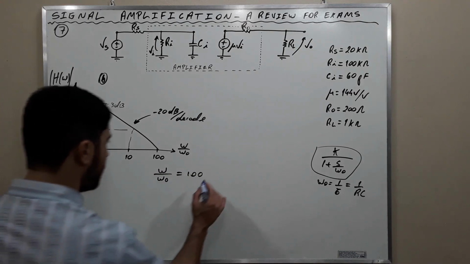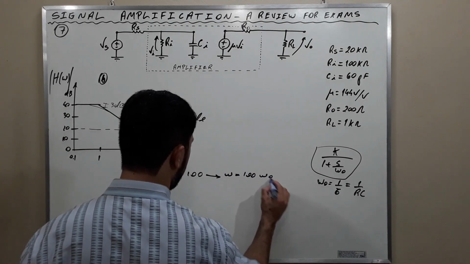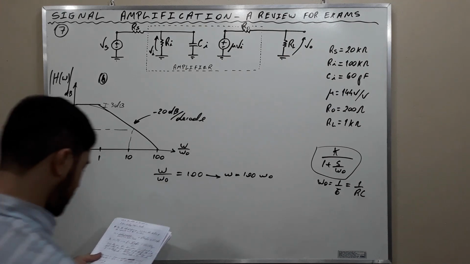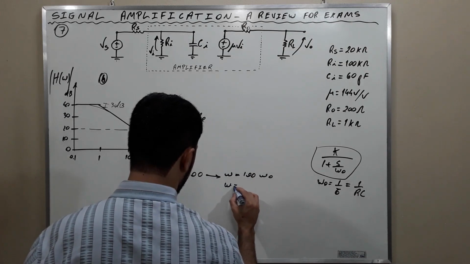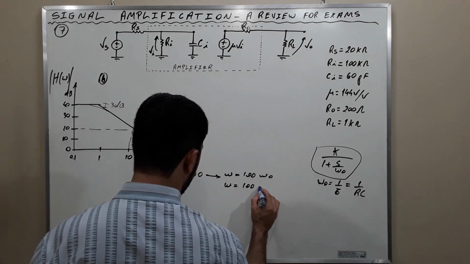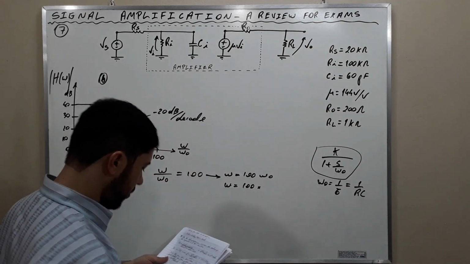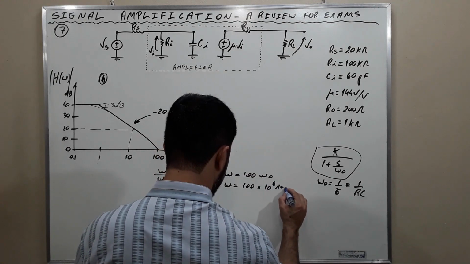The frequency where it happens is 100 times W0, 100 times the knee frequency, which is 100 times the corner frequency, 10 to the 6 radians per second.